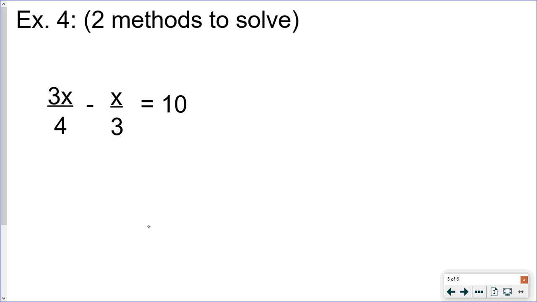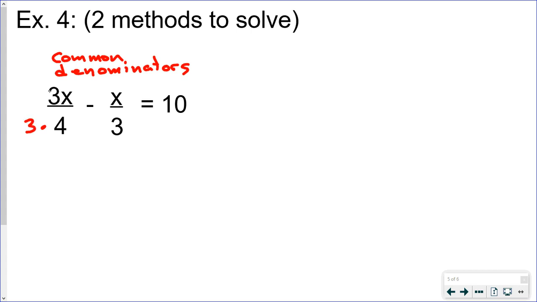All right, so let's look at this type of equation. This is a little bit different. I'm going to show you two different ways that you can solve this. So the first way that you can solve this is by getting common denominators, just like you would do whenever you add or subtract fractions. So you have denominators of 4 and 3. So the least common multiple of 4 and 3 is 12. So to change this into 12, I'm going to multiply it by 3.